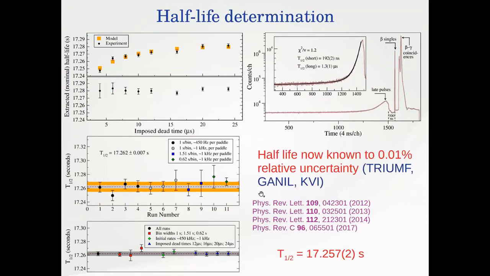And this resulted in a very, very precise half-life measurement, which was followed up by 2 more measurements of the half-life. And this tells you about the significance of this work. All 3 turned out to be PRL publications, and then 1 more followed up by GANIL as a PRC. And if you combine all of this, you have a 0.01 relative uncertainty measurement in the half-life.